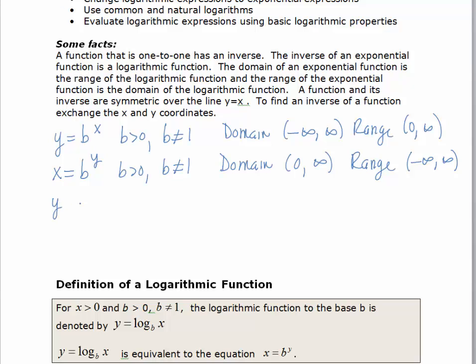So we're going to say y is the exponent on b, resulting in x. Okay. So y is the exponent that we raise b to so that we get x as an answer.